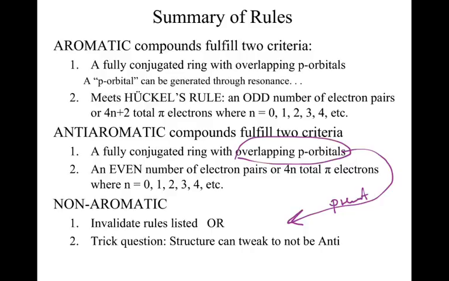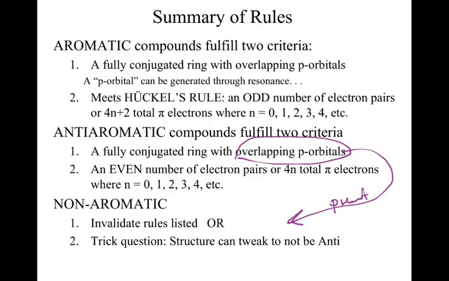The structure is changing its molecular shape in a way that's hard for us to visualize, that makes it no longer anti-aromatic. I know, it's not a happy thing. But that's what's happening. The structure will tweak its shape and prevent the overlapping of p orbitals, so then it's not technically anti-aromatic anymore, it's non-aromatic.